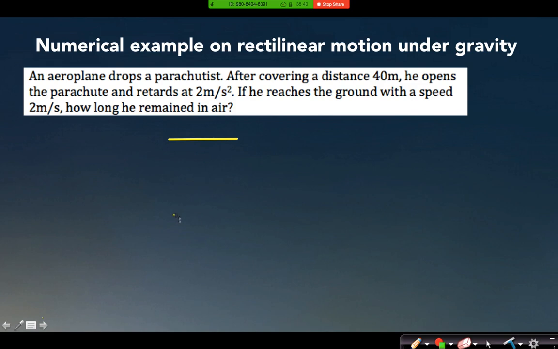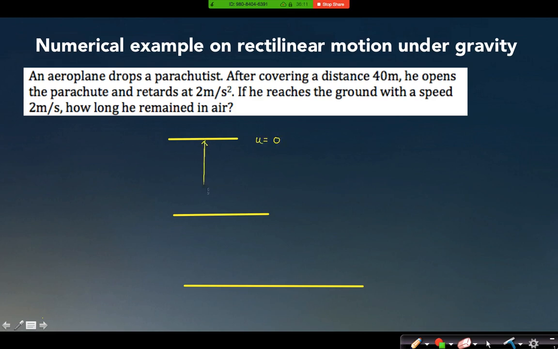So after covering this 40 meter, this parachutist moves freely under gravity. After covering this 40 meter, he opens the parachute and retards at 2 meter per second square, and then finally reaches the ground. Right? So here he starts his journey with velocity u equal to 0.